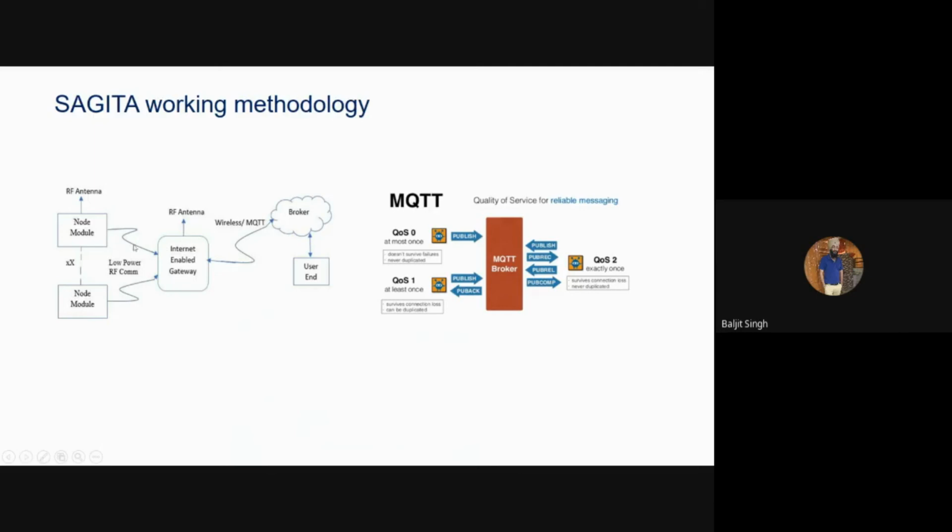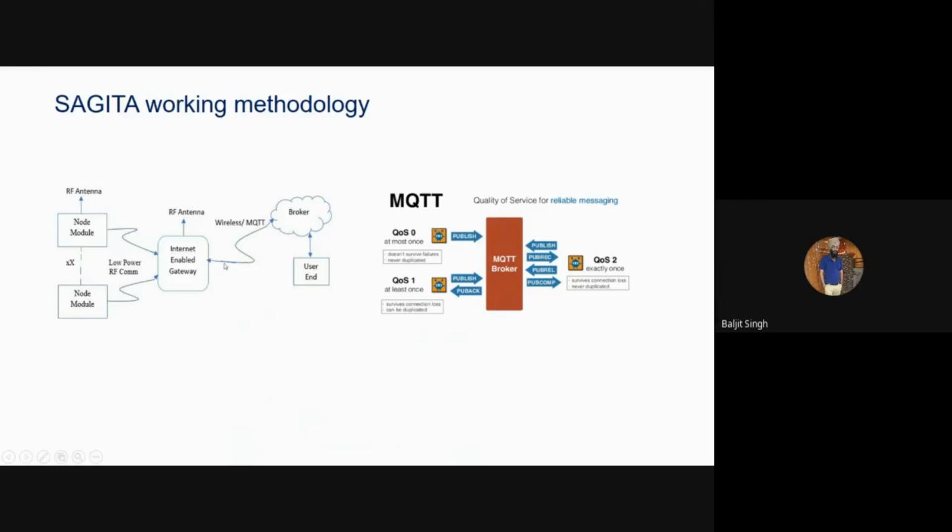So it receives through this RF antenna the data from all the node modules, and then it collects all the data and puts it in a specific format. The format we used was JSON format, and this is also a very common type of format.